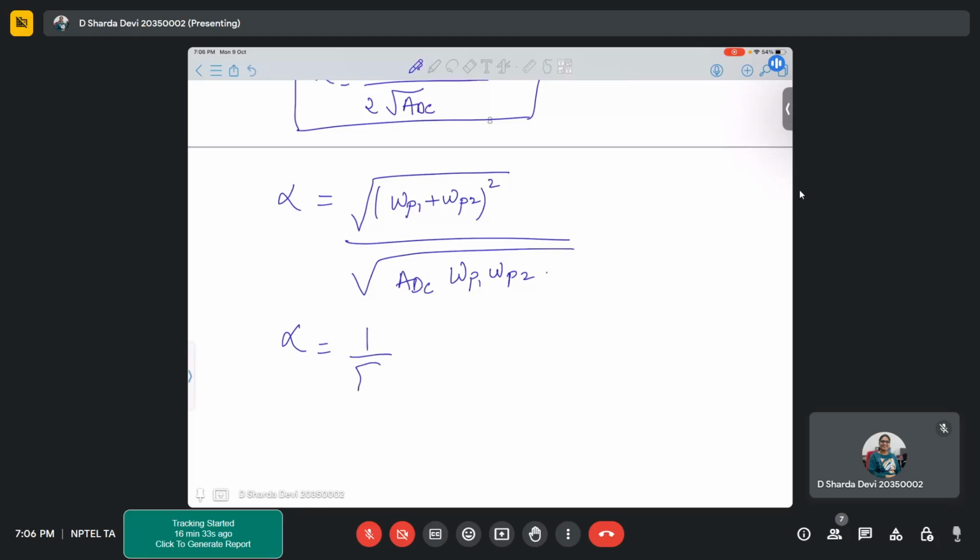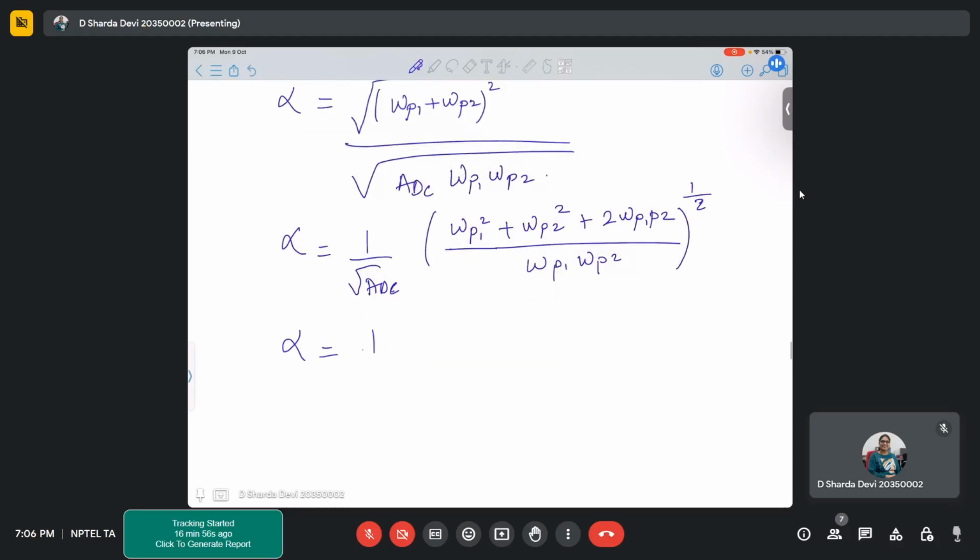So it is simply 1 by root ADC, I can take it out. Then I'll be left with omega p1 square plus omega p2 square plus 2 omega p1 p2, whole divided by omega p1 omega p2, of whole root. So this will give us 1 upon root ADC, root of omega p1 by omega p2 plus omega p2 by omega p1 plus 2.